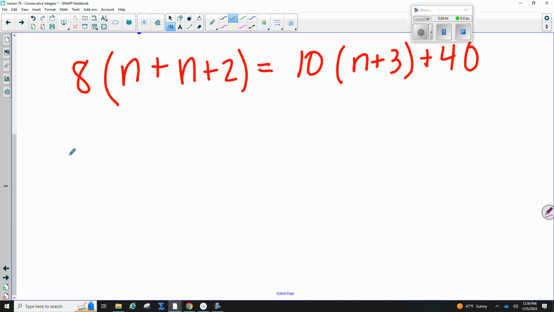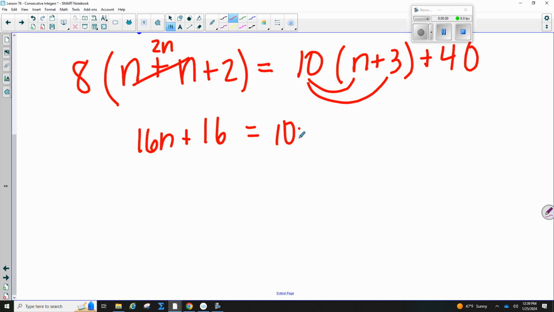Okay, so n plus n, you guys, n plus n is 2n. Then I'm going to distribute the 8 to both of these. So that gives me 16n plus 16. And over here, we're going to distribute this 10n plus 30. And then I have that plus 40. All right, I'm going to get all my n's on one side.